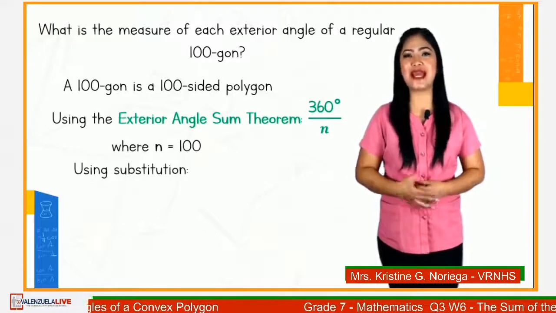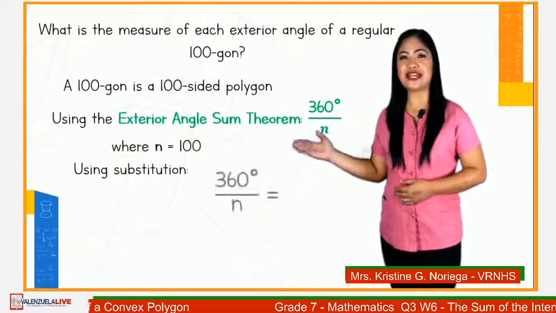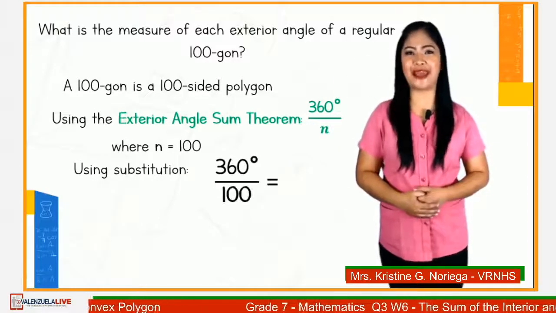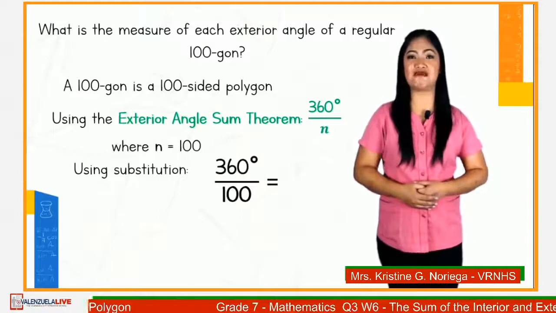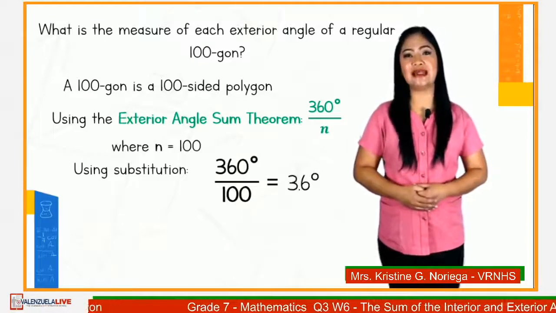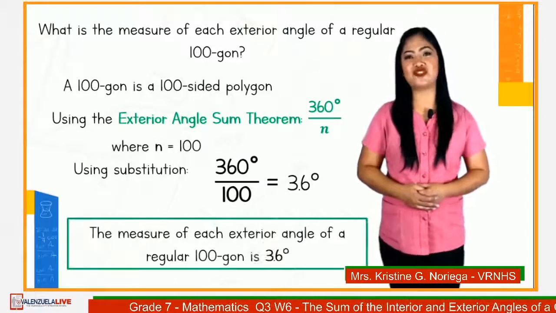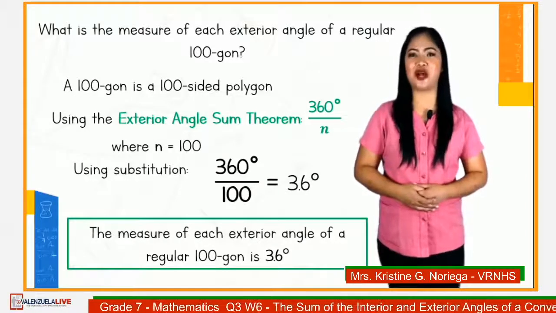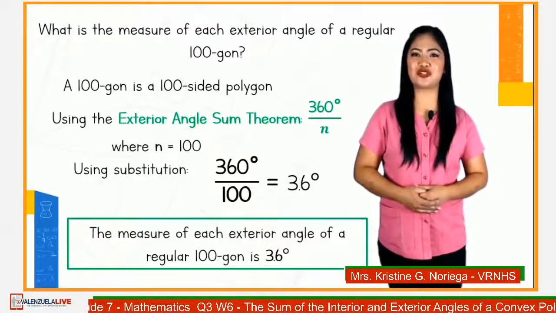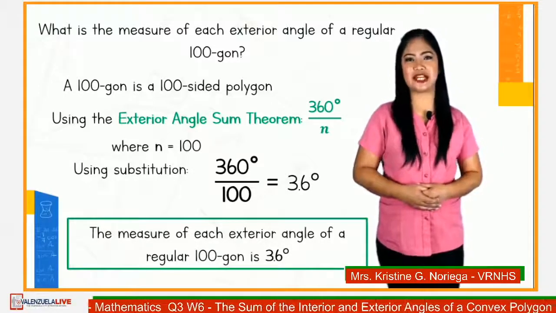So, it will be 360 degrees divided by 100. And 360 divided by 100 is 3.6 degrees. Therefore, each exterior angle of a regular 100-gon measures 3.6 degrees.